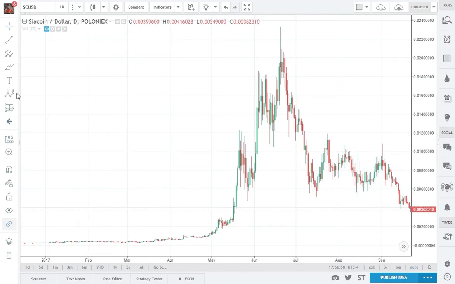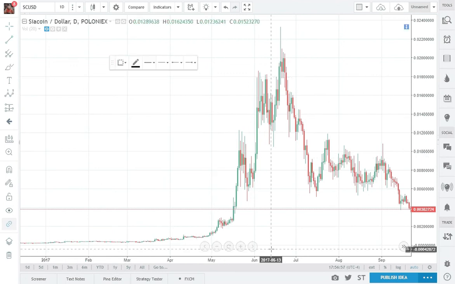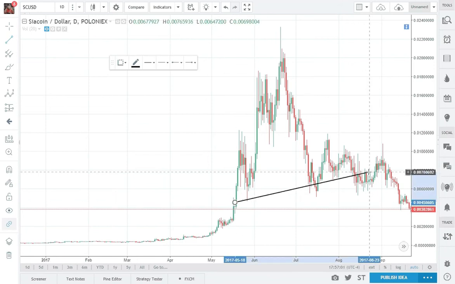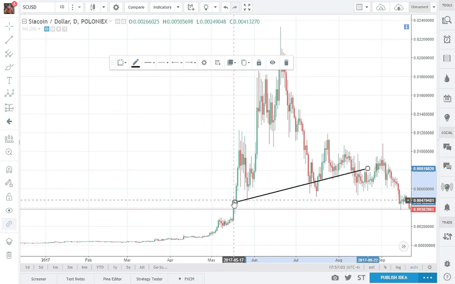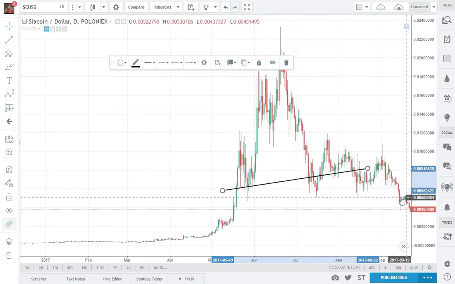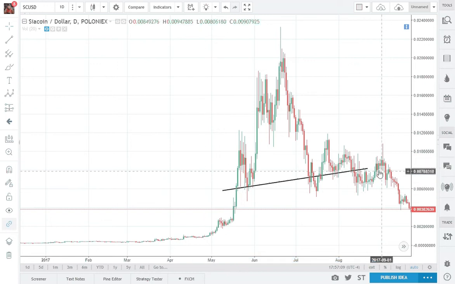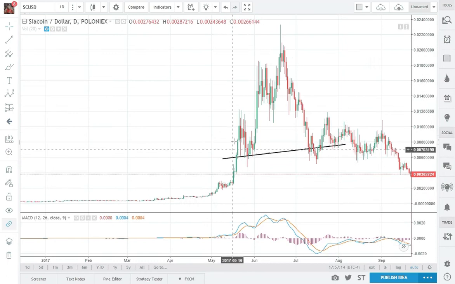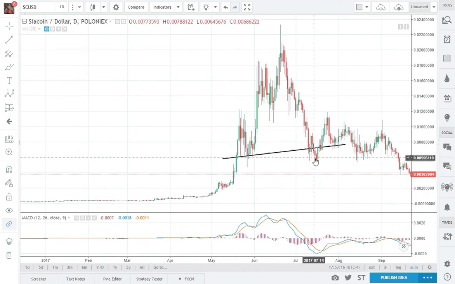So let's do a quick count. Well, before that, hold on. Let's state what is so obvious here. If I draw a line like so, you have your left shoulder, head, and right shoulder.